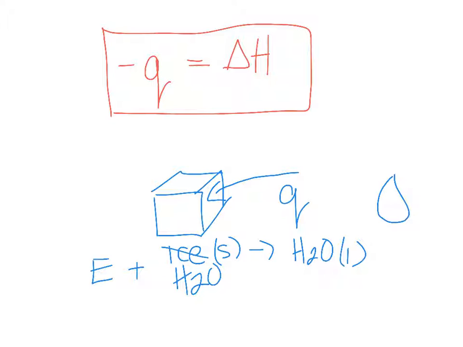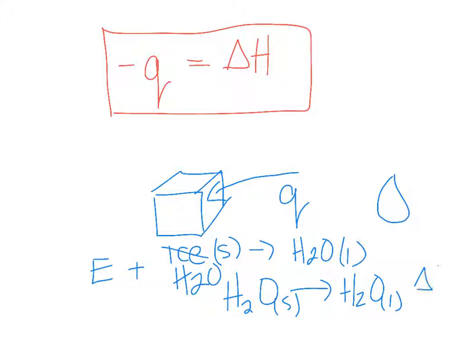So energy plus the ice cube will make liquid water. We'll also be able to represent it as H2O solid goes to H2O liquid, and there's a delta H change, and it's positive.